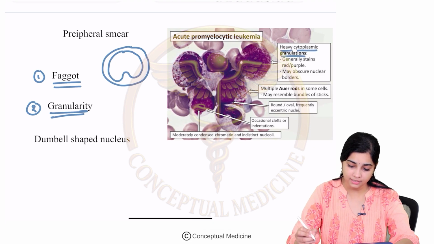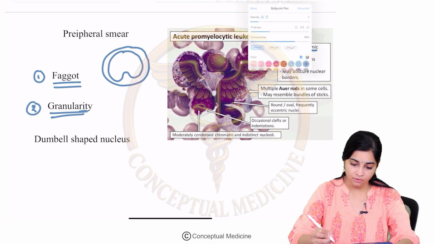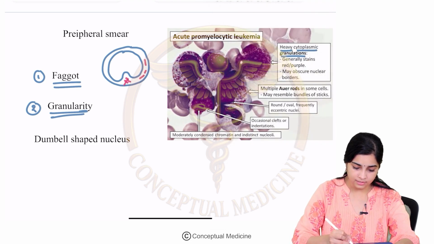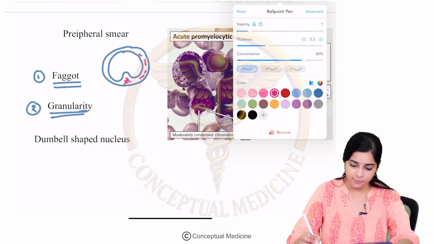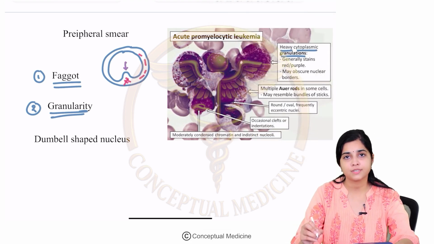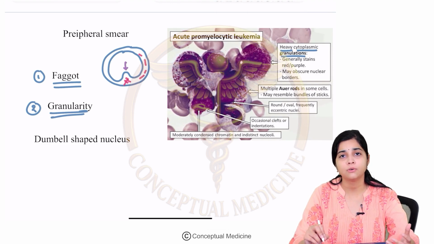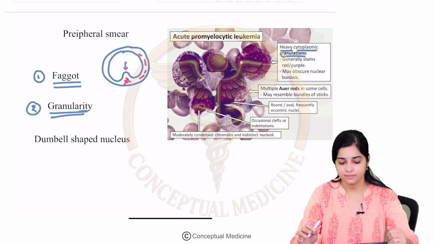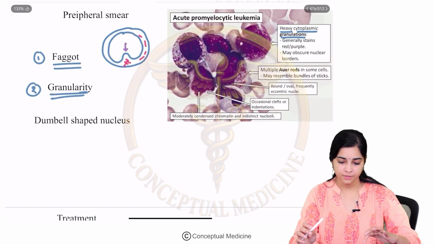Heavy cytoplasmic granulations and the presence of multiple Auer rods. Multiple Auer rods is a characteristic feature of APML or AML-M3. Okay, so this cleft which is there within the nucleus or a bilobed nucleus is a characteristic feature of fagot cells in APML. Okay, fine.